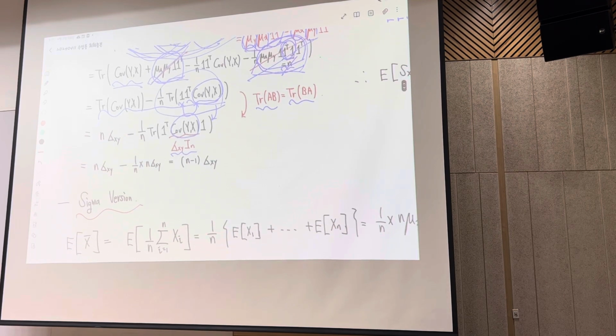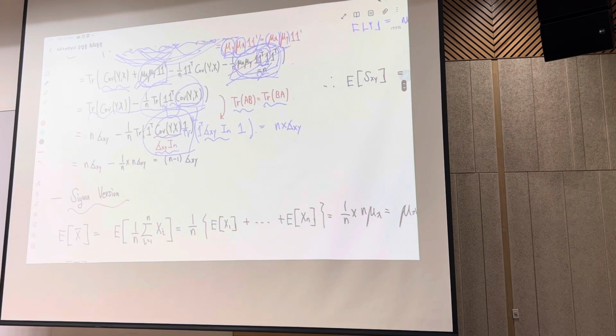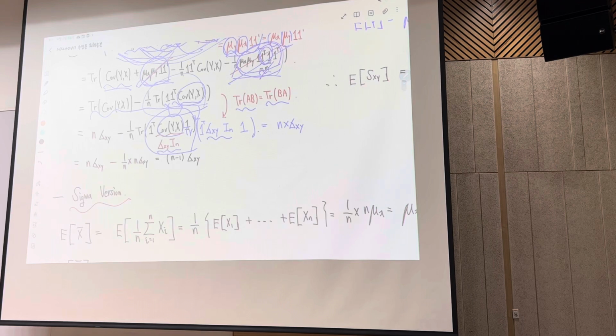So this term is sigma_xy I_n times 1 transpose 1. Trace of this one is n times sigma_xy. So covariance of yx is sigma_xy I_n. So trace of this term is n times sigma_xy, and this term.